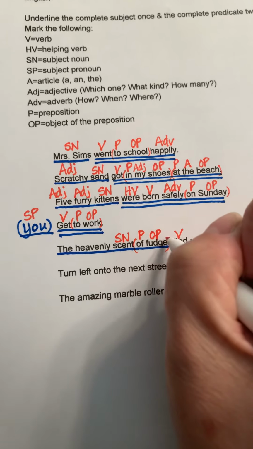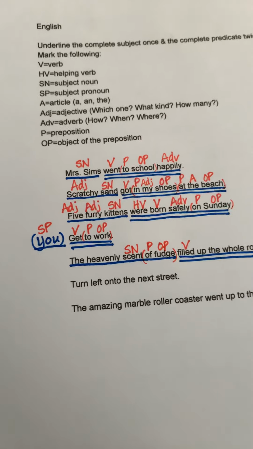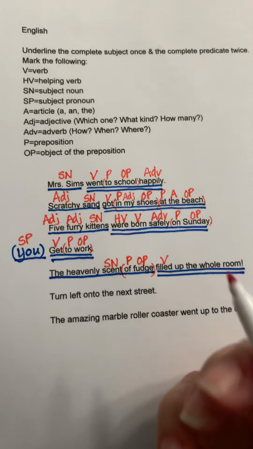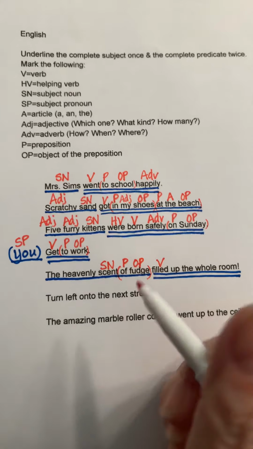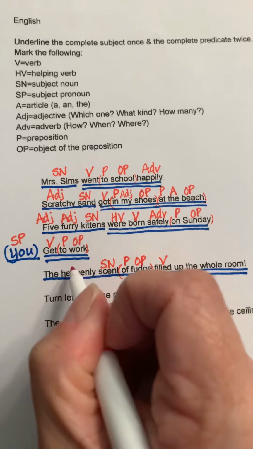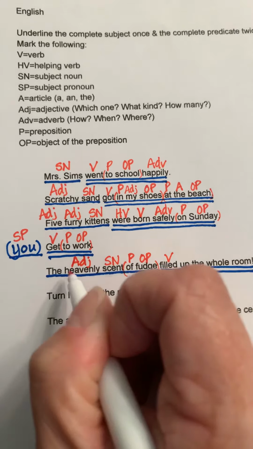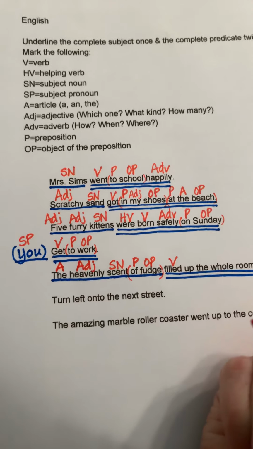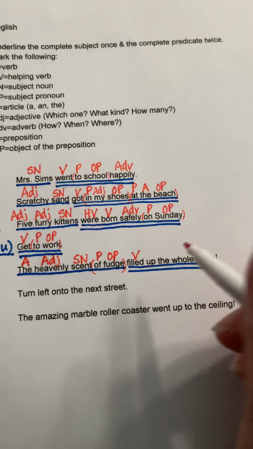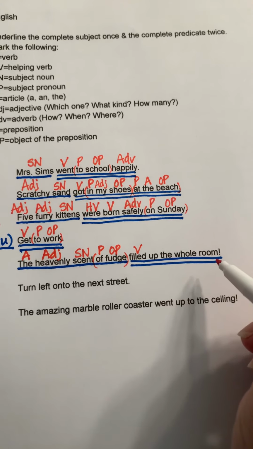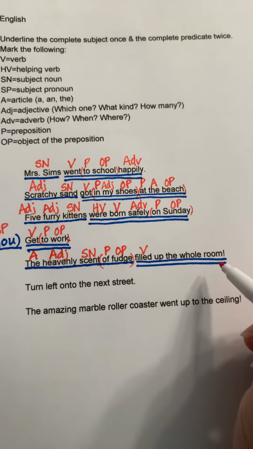So sometimes you have prepositional phrases in your complete subject as well as your complete predicate. All right. Then what kind of scent? Or which scent? Heavenly. Adjective. The is an article.